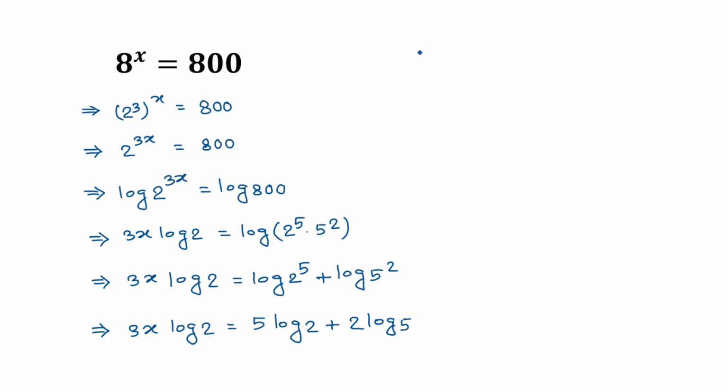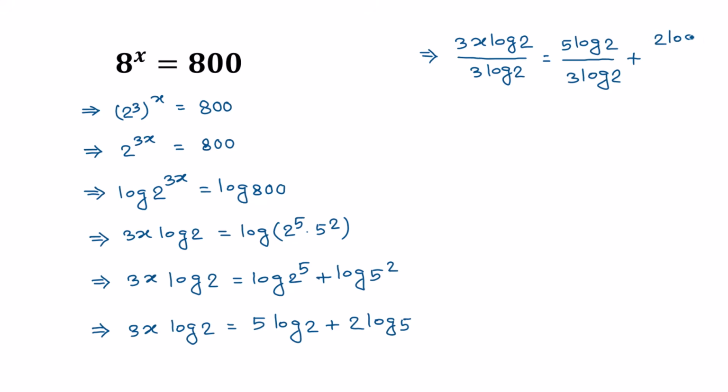On the left side, 3x log of 2 divided by 3 times log of 2 is equal to 5 times log of 2 divided by 3 times log of 2, plus 2 times log of 5 divided by 3 times log of 2.